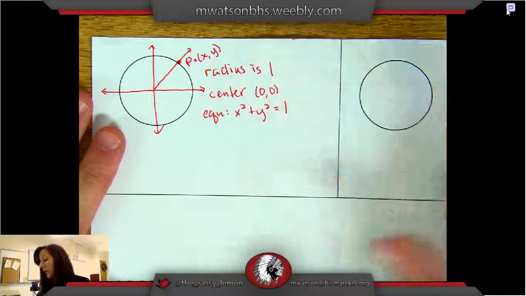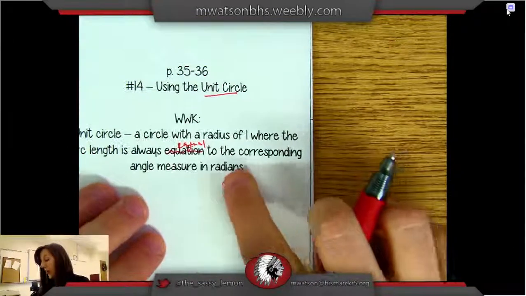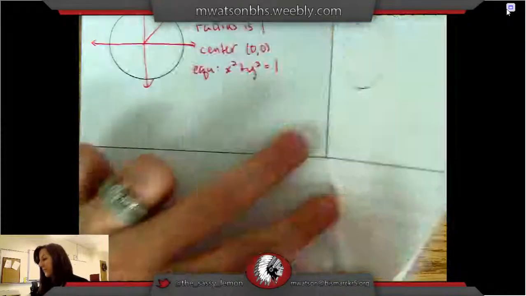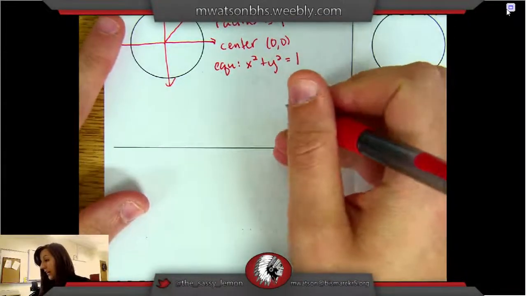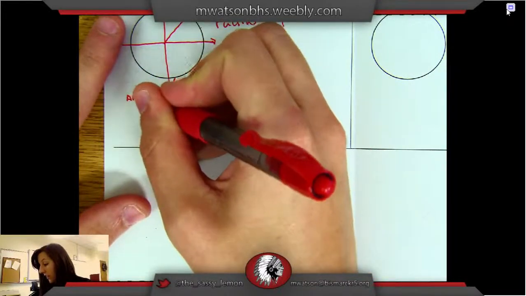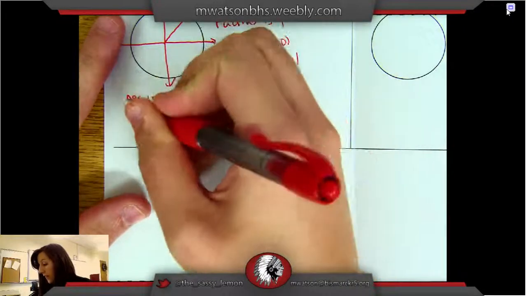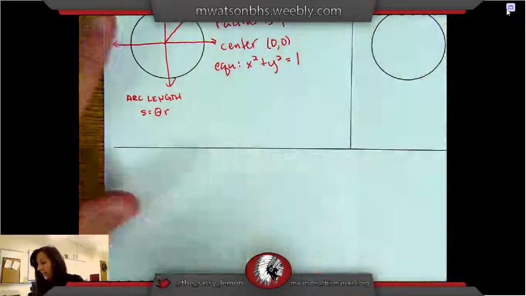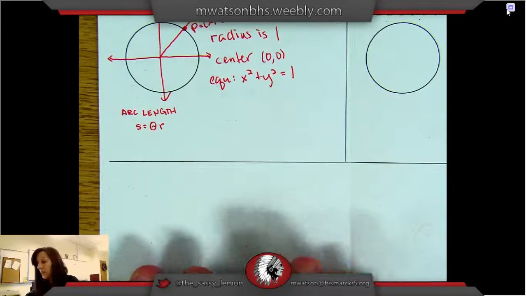Now, I'm going to prove to you how I can make the statement that the arc length is equal to the angle measure in radians. Way back when, we learned a formula for arc length, and that formula for arc length was S equals the angle in radians times the radius. That was the formula that we came up with.